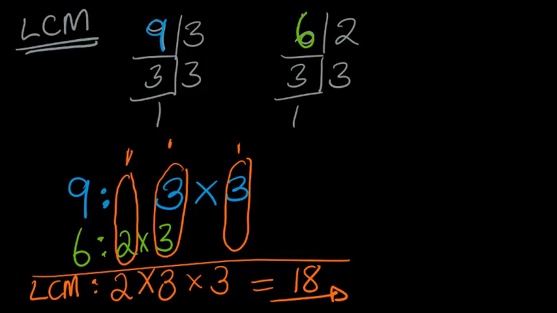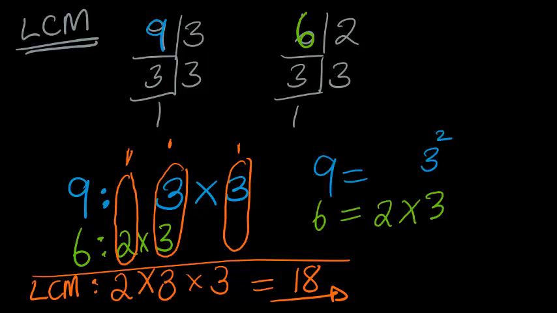Another way of looking at this is to say, what is the highest exponent of the factor that I have? So if I write out my prime factorization like this, then I am going to say 9 is equal to 3 squared, which is 3 times 3. And I'm going to say 6 is equal to 2 times 3.